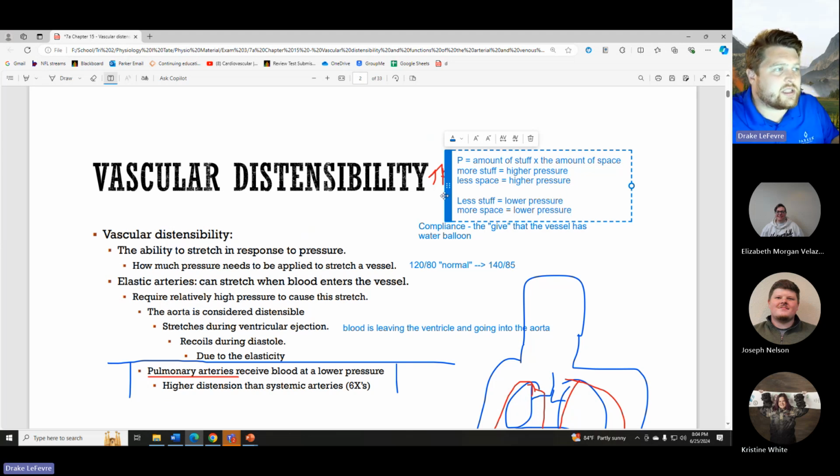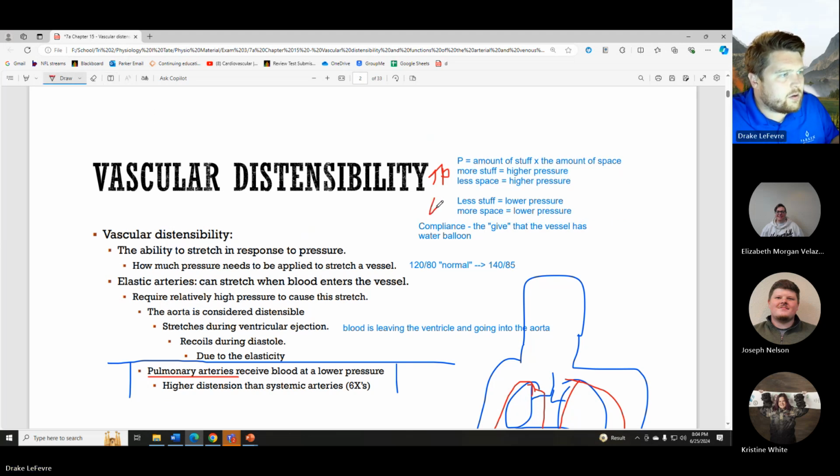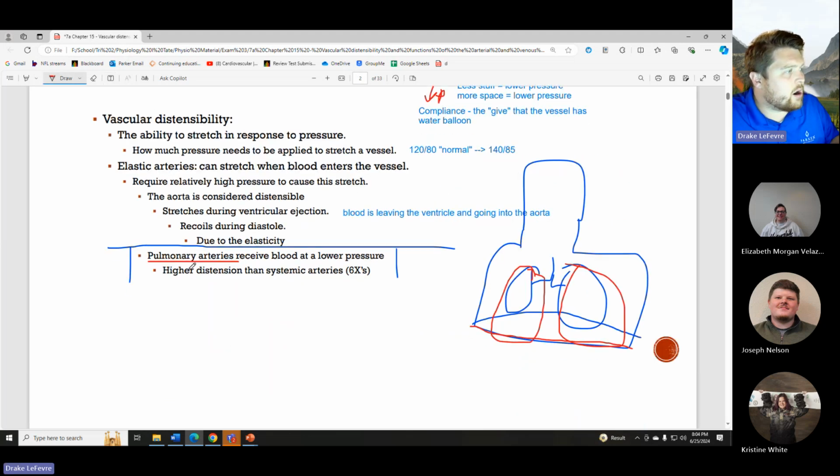But because we're set with how much blood we're putting through there, we create more space. These pulmonary arteries are way more distensible, or way more compliant. They're able to give a lot better in order to keep the pressure in the lungs lower. That's an exam question, only for veins.